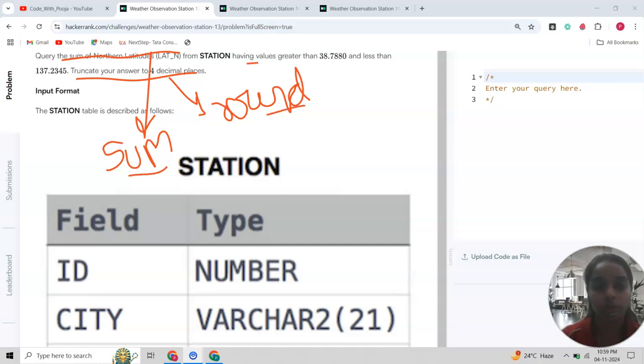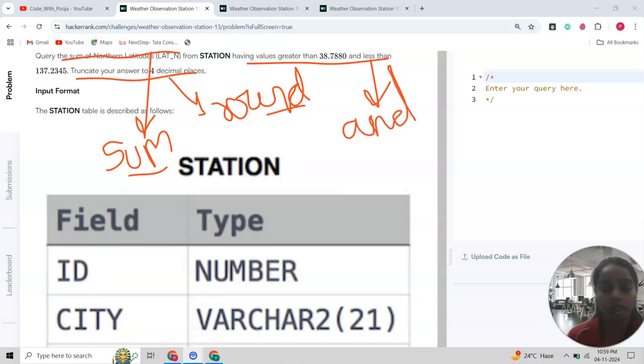And for the conditions, we will use the AND operator, which is a kind of logical operation.